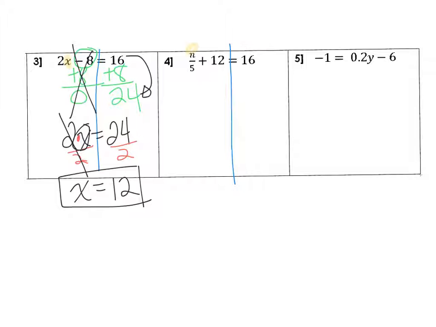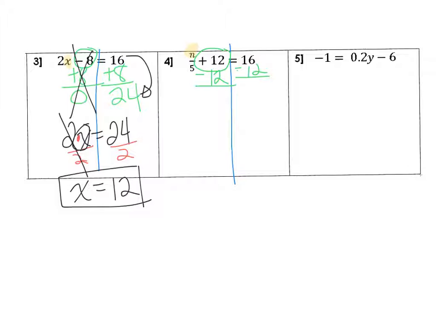So my variable is n, and I see that it's being divided by 5 and being added to 12. So I'm going to start by taking care of the constant first, which would be that plus 12. So the inverse or opposite of adding 12 would be subtracting 12. So I'm going to minus 12 from both sides.